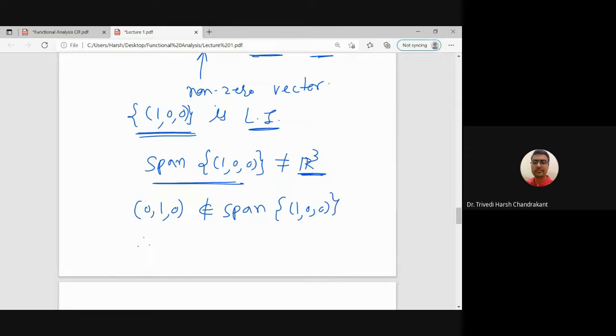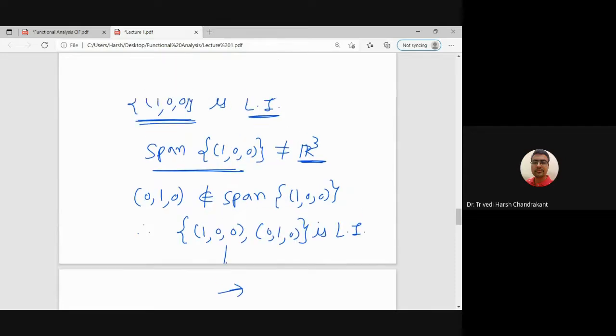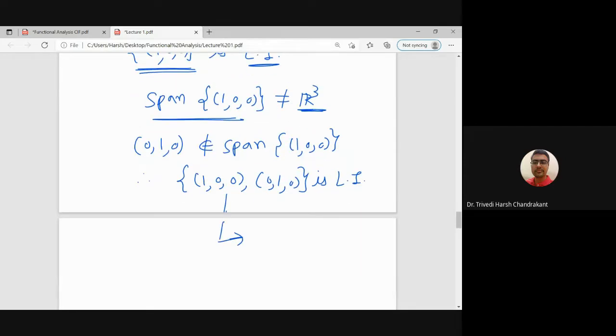So we get a new set which has 2 elements. Again, this is LI, and the span of this set is also not R3. Why?